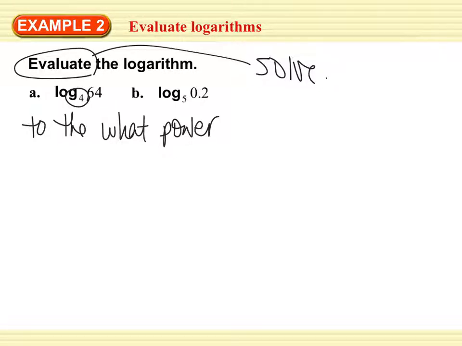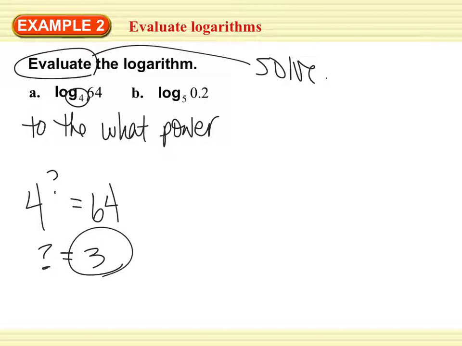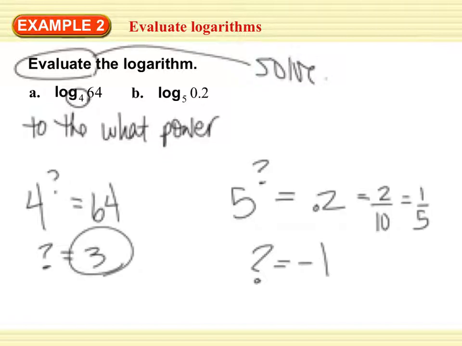So this right here is ground level. 4 to the what power equals 64? The what power equals 3. Or 5 to the what power equals 0.2? Well, 0.2 is 2/10, which is 1/5. So my what power has to be a -1 to put that 5 in the denominator spot.